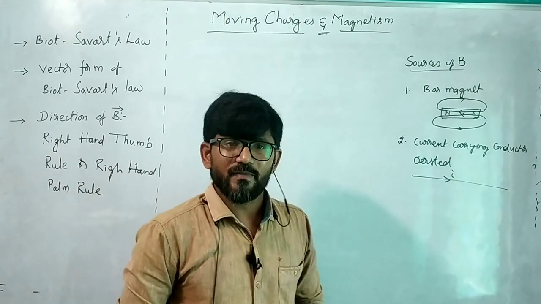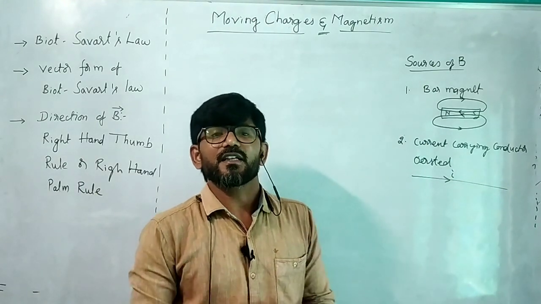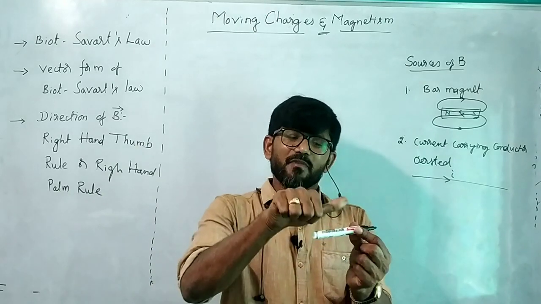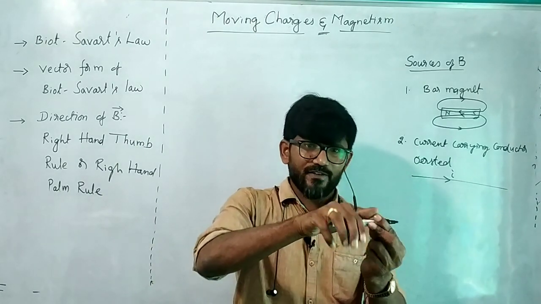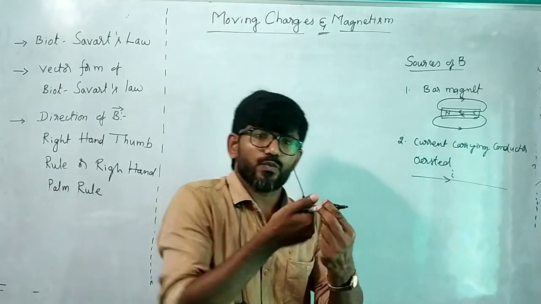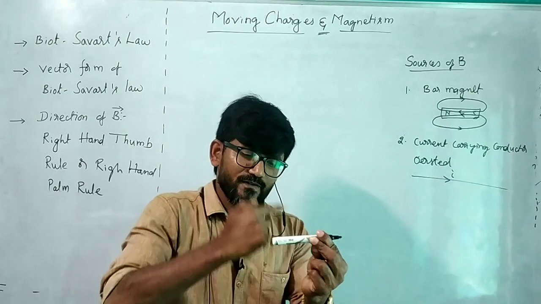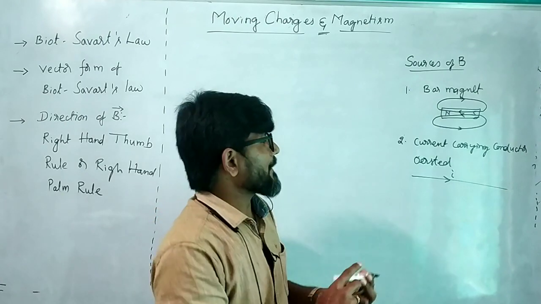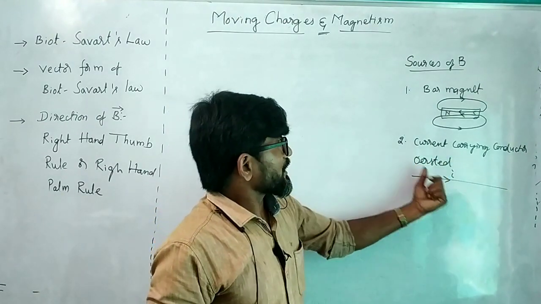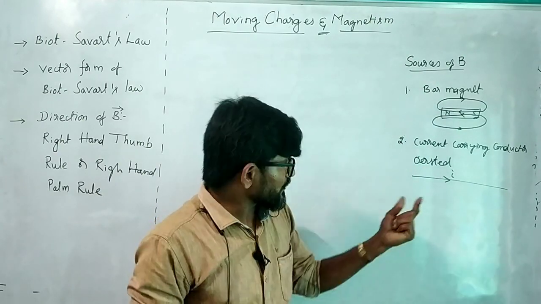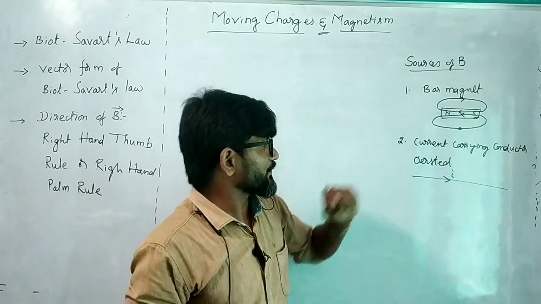The direction of this magnetic field is found by using the right hand thumb rule: if you stretch the thumb of your right hand in the direction of the current in the conductor, the direction of the curling fingers gives the direction of the magnetic field lines. This current carrying conductor is another source of magnetic field, first observed by Ørsted, right?